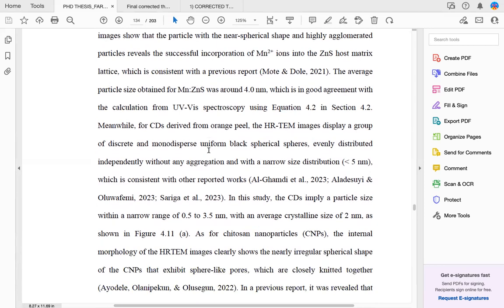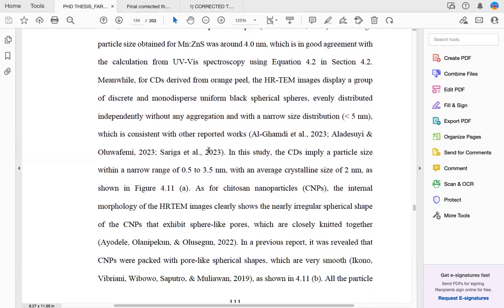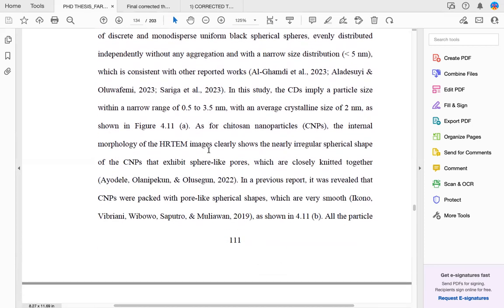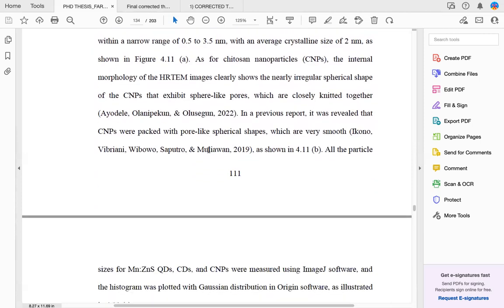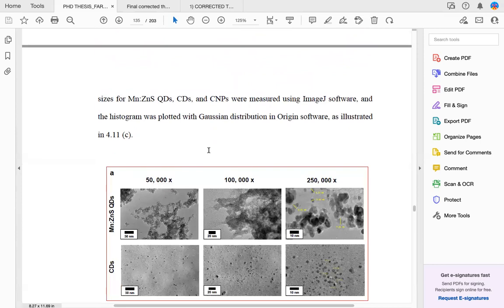And he talks about the distribution. It's all about the size. HRTM is about the size. You cannot talk about functional groups, the chemistry, or what kind of material from HRTM, because it is not there. You cannot say, I can see gold nanoparticle, I can see silver nanoparticle.